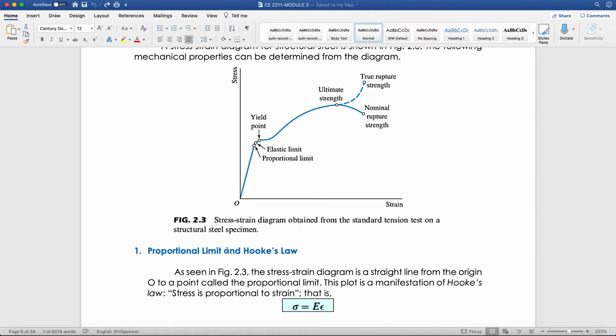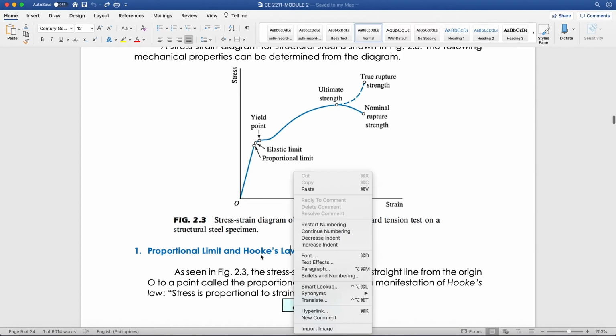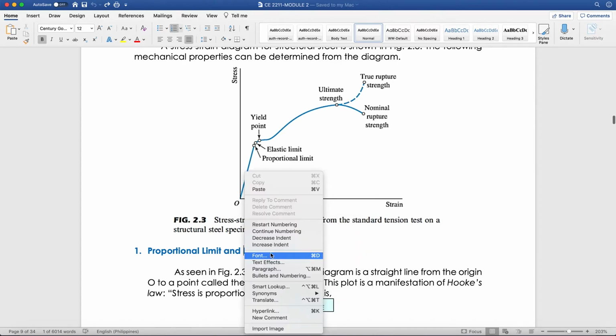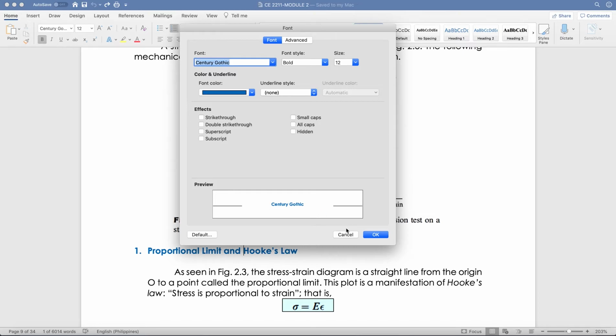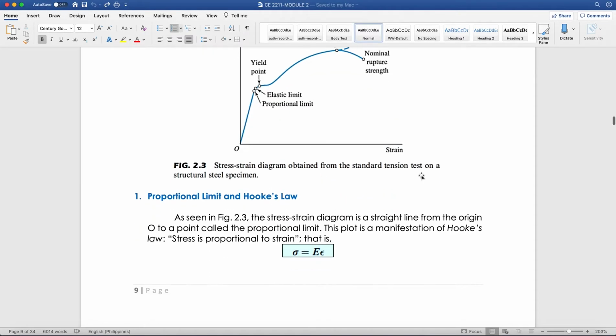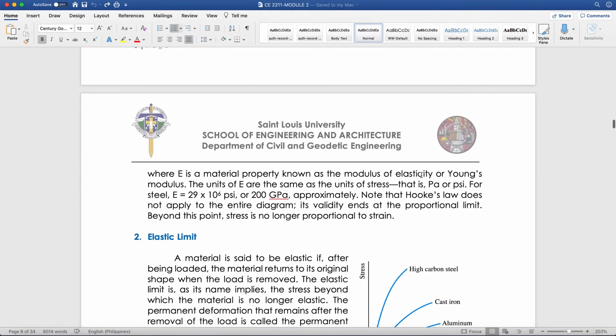Okay? Remember, we can only use Hooke's law if it's still in its elastic state. But once it is already in the plastic state, limited na yung paggamit natin sa Hooke's law. Okay?